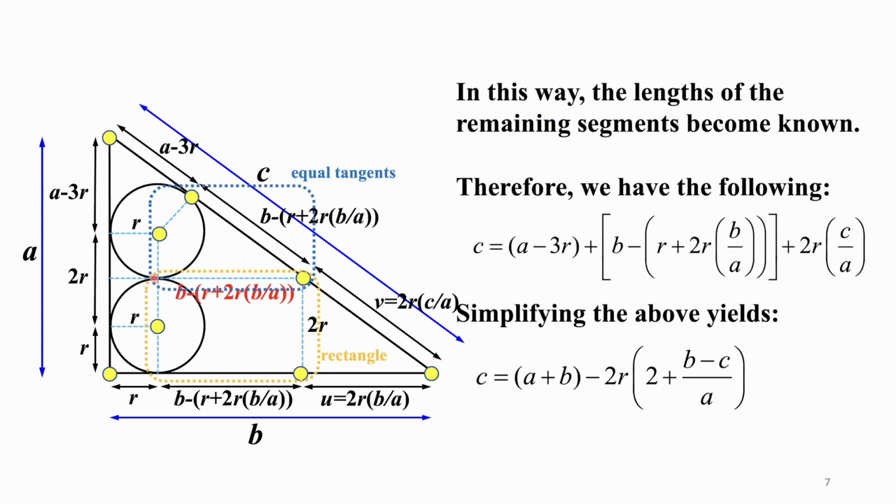Because we mentioned that this is a rectangle. This is a common tangent. And this common tangent is, of course, parallel to side B.